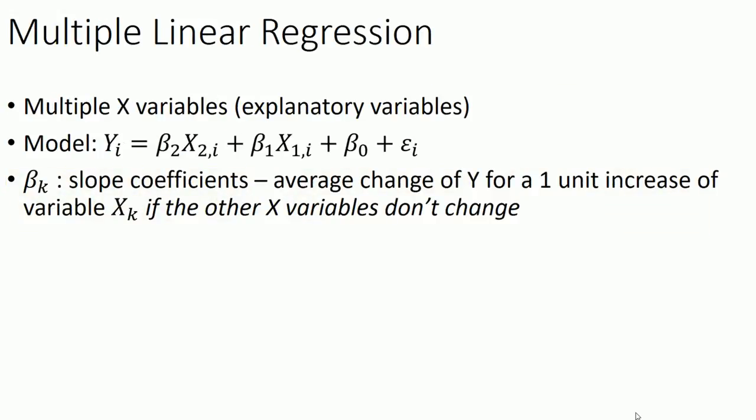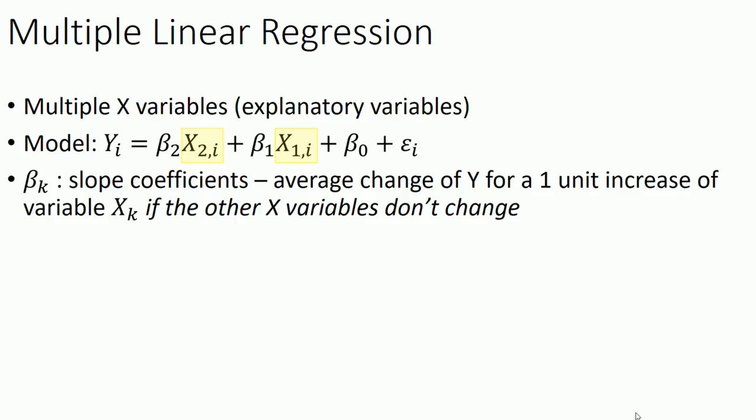Okay, so we're going to extend this just a little bit to what we call multiple linear regression. So far we've been looking at what they call simple linear regression, where there is just a single explanatory variable, x. Now we have a little bit of juggling to do with indexes. So imagine now you've got multiple explanatory variables.